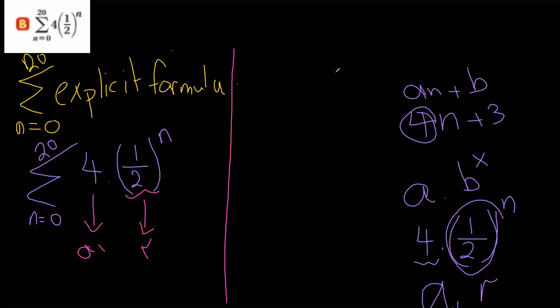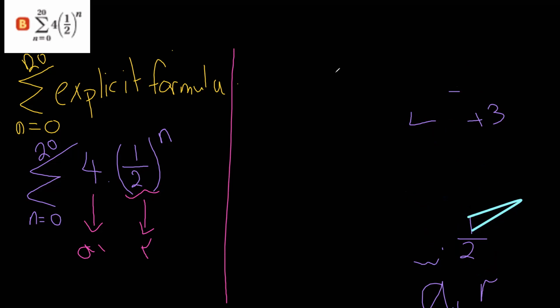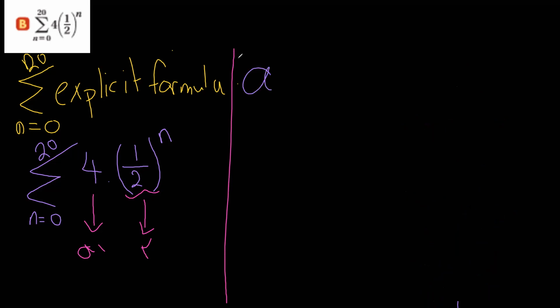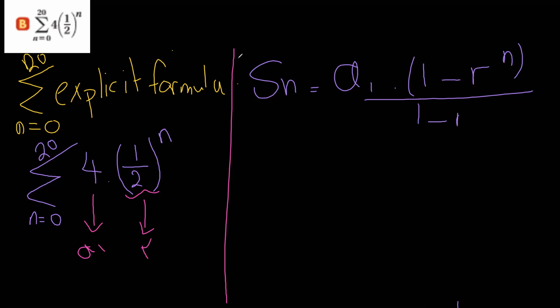So S sub n is A1 times 1 minus R raised to the power n over 1 minus R. Now, A sub 1 is known, which is 4 times 1 minus, what is R?